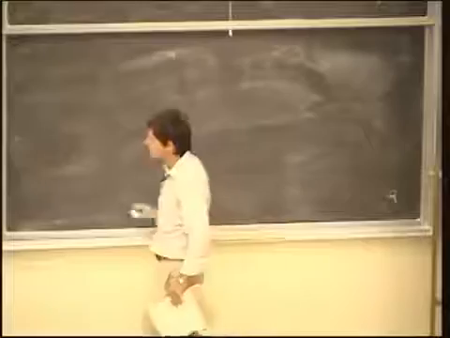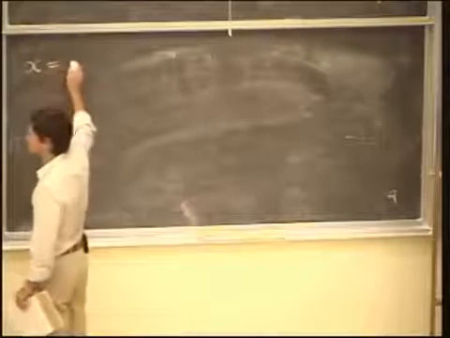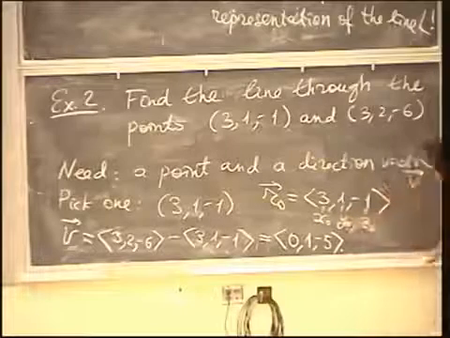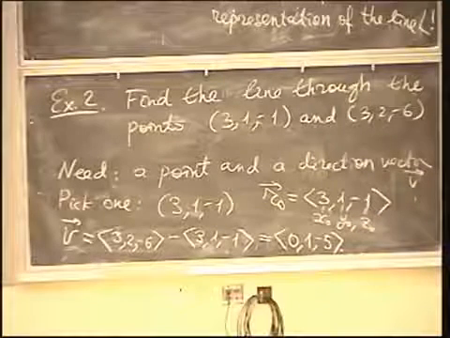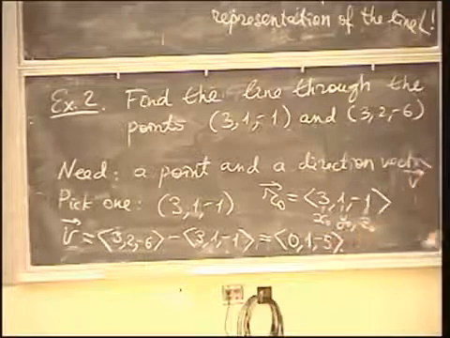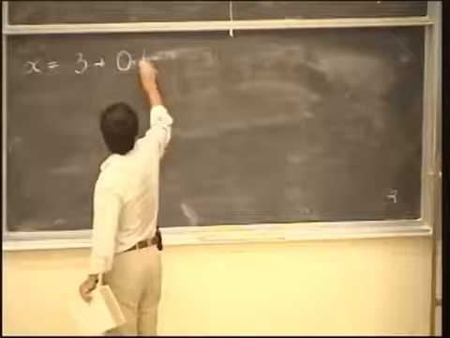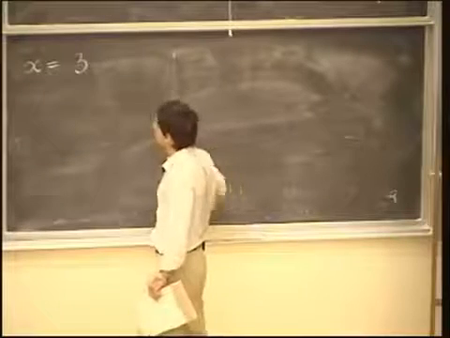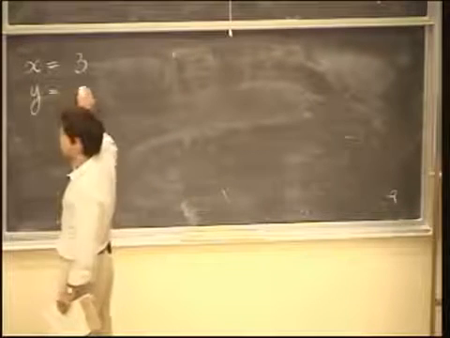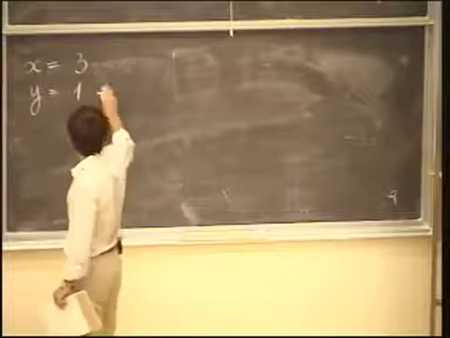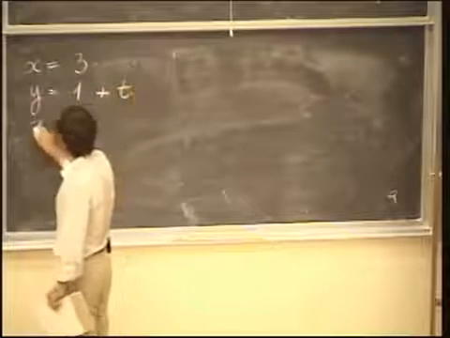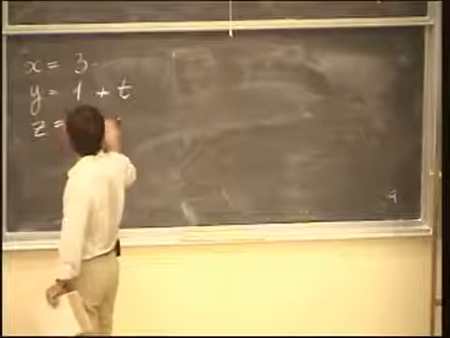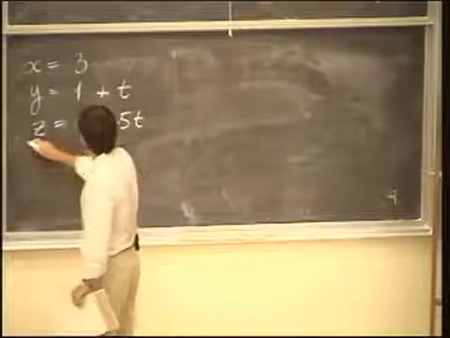Right. So the end result is x is equal to 3 plus 0 times t, which I can just erase, just write x equals 3. Y is equal to 1 plus 1 times t. Z is equal to negative 1 minus 5t. So that's the answer.